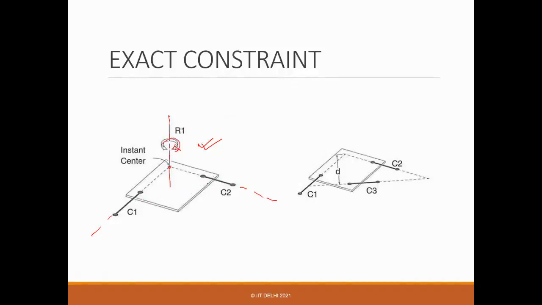Because in order to have a motion along this, if this is the contact, C1 and C2, these are the constraint lines, the contact probably on the surface, right? So at the contact point, perpendicular to this surface, at this constraint line, you have a motion like this.